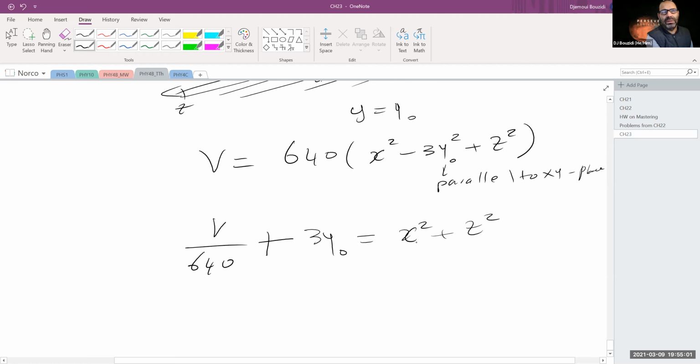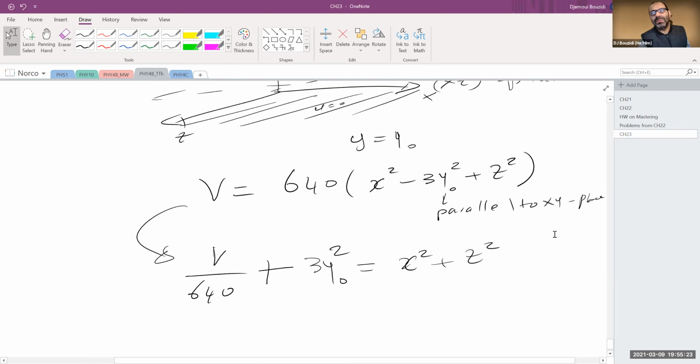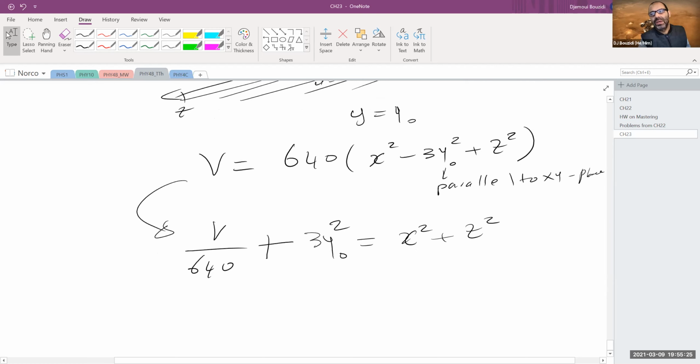Does this make sense, this equation? Yes? I divided V by 640 and basically plugged in everything in here, correct? Yes or no? It's algebra. Yep. Okay. Because y is constant. That's by definition what a plane parallel to XZ is.